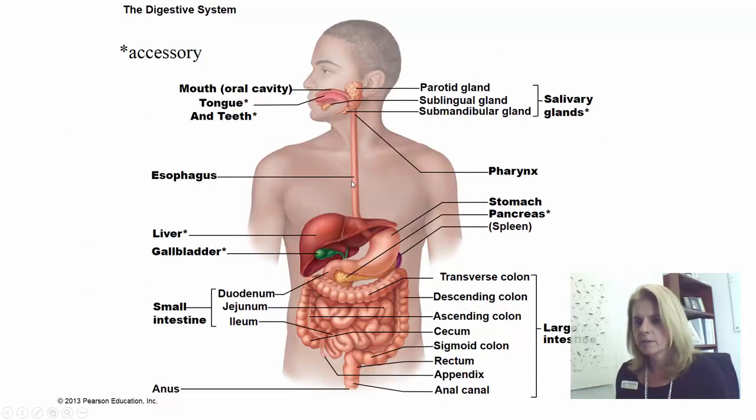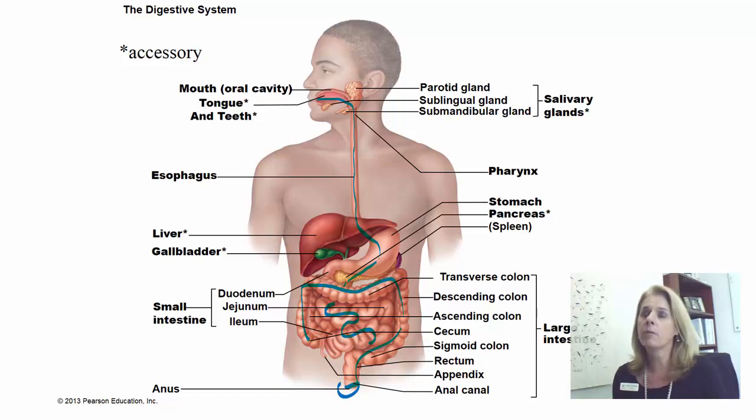Okay, so this is what this looks like. You have your long alimentary canal, so I can take a piece of food and trace it all the way through the mouth, the esophagus, into the stomach, through the small intestine, through the large intestine, and out through the anus. All the other organs are going to be the accessory organs or helper organs.